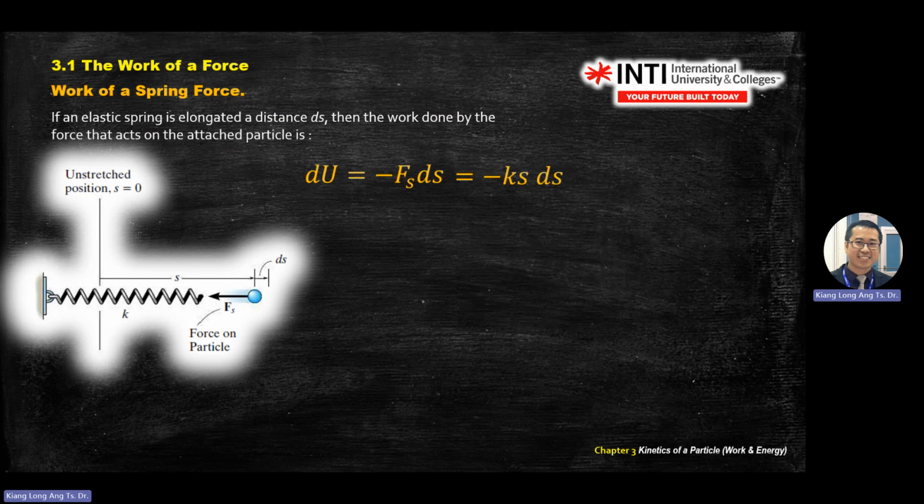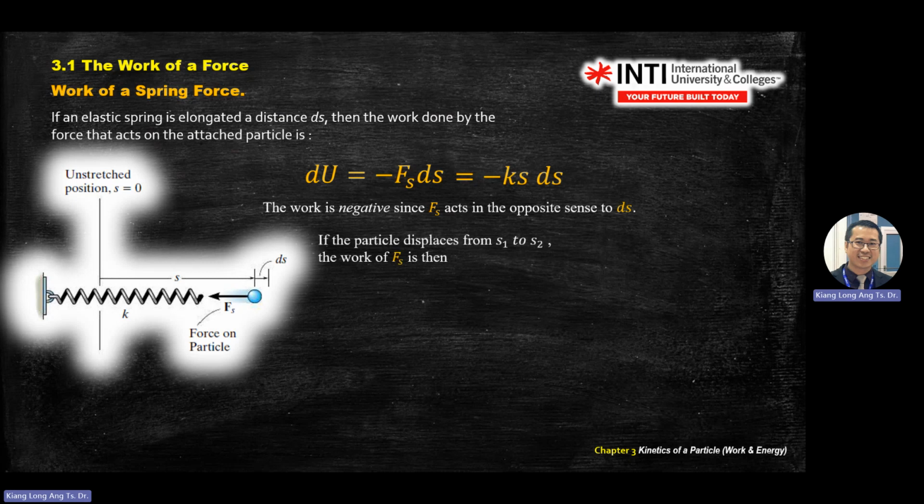Okay, and then to calculate the force, F equals Ks. You have the spring constant multiplied by the distance traveled by the spring. So you can write it in integration form, because on the top is dU something, ds something.